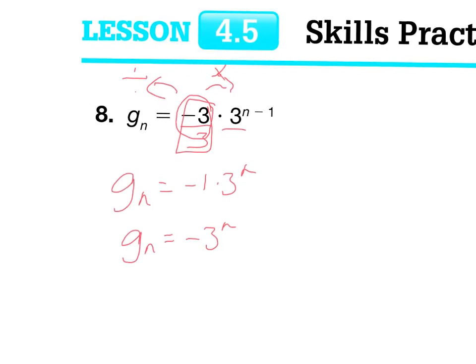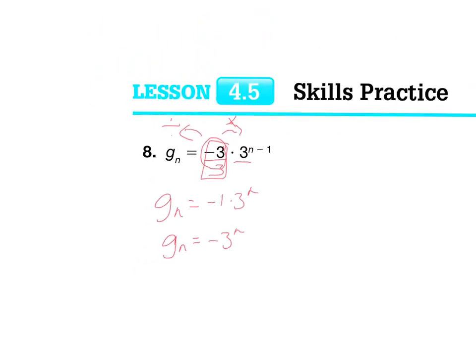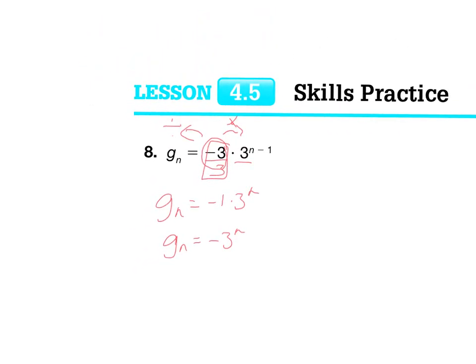Keep in mind that the negative, if you do them separately here, will always make the whole number the opposite of what it is. So if it's positive, it turns into negative. If it's negative, it turns into positive. So when you do your calculations, do it like this: figure out what 3 to the nth is, and then make it opposite.